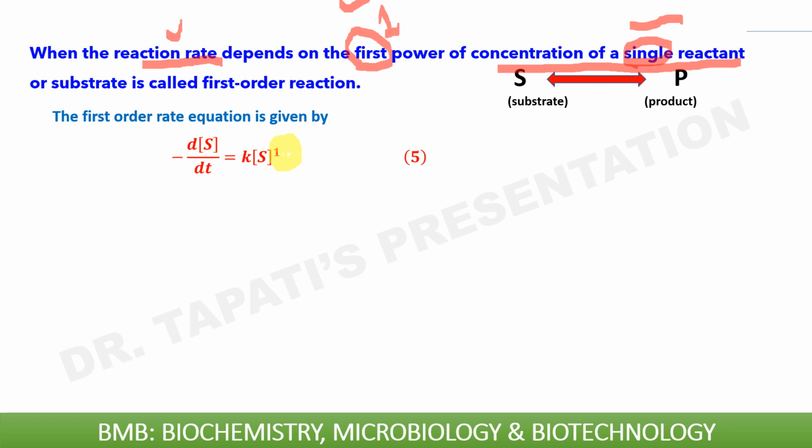Already told that the power of substrate concentration is 1. So for first order reaction, this is the equation for reaction rate, that is minus dS by dt equal to k into S to the power 1.